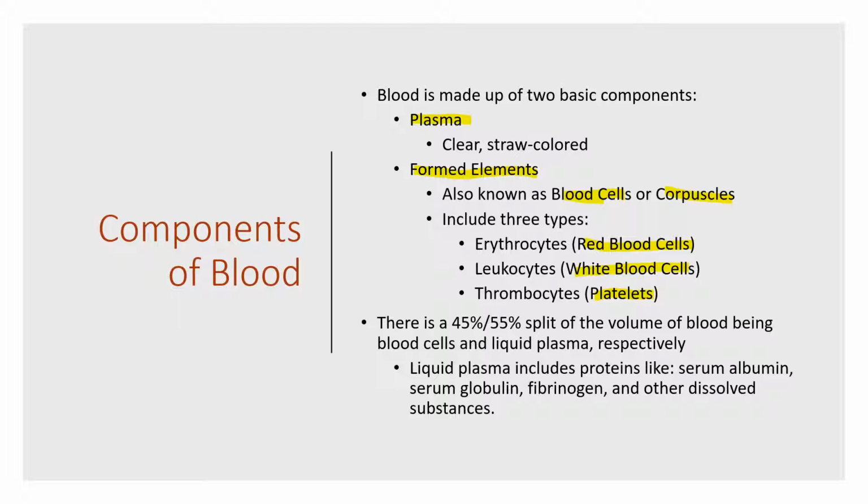There's also a 45% to 55% split of the volume of blood being blood cells and liquid plasma respectively. Liquid plasma includes proteins like serum albumin, serum globulin, fibrinogen, and other dissolved substances.